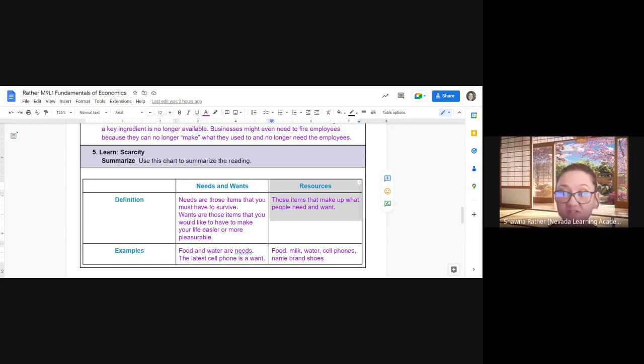Examples of resources for needs and wants: food, milk, water, cell phones, name brand shoes. So examples of needs and wants. Examples of those resources that would make up those needs and wants.